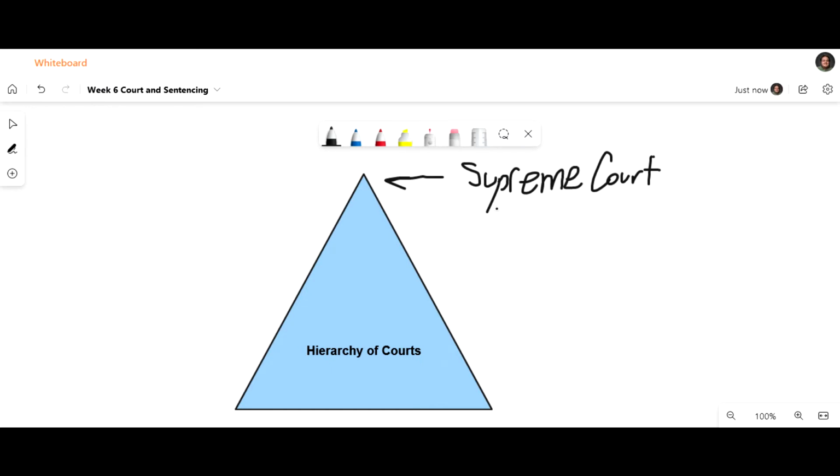Then we have our appellate court, which we've talked about before, the Court of Appeals. I should have written appeals. So the next level down is the appellate courts, the appeals court, and at the bottom level for federal, we have district courts.